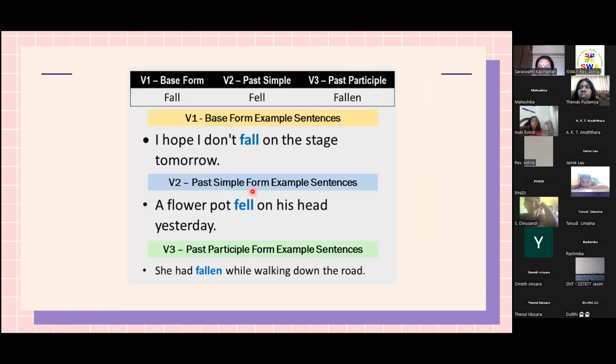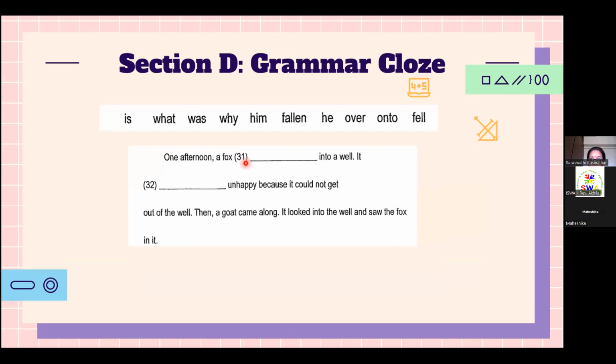So if you look here, had fallen. In order to use the word fallen, had is missing. Because we don't have a helping verb here, we cannot use the word fallen. Therefore, it is fell. So one afternoon, a fox fell into a well. I hope that clarifies the question.